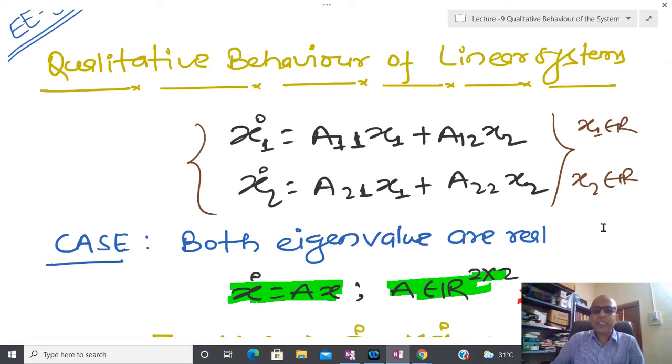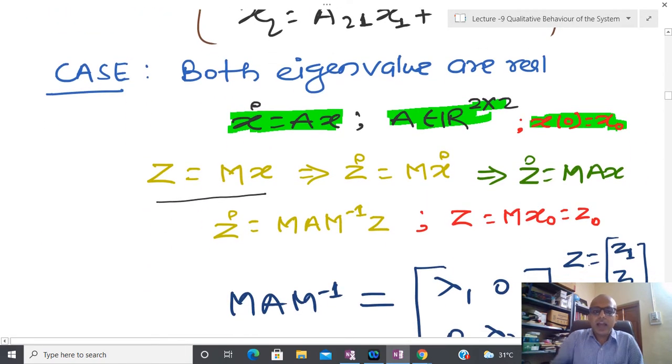We are going to represent this particular system, x1 dot equals a11 x1 plus a12 x2, in the form of matrices. So you can see that I have x dot equal to A x, where x has two components x1 and x2, and matrix A I consider like this: a11, a12, a21 and a22.